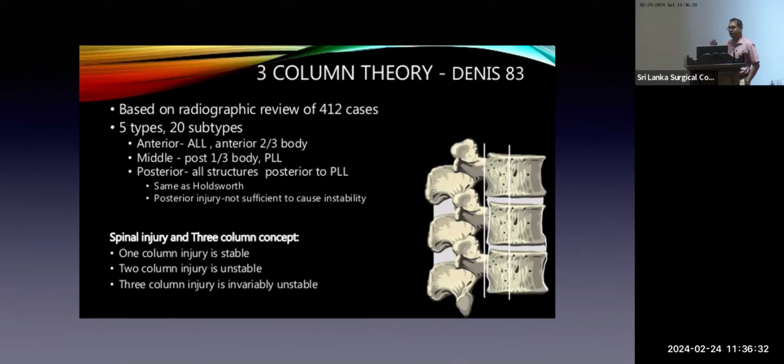C1 and C2, this cannot be applied because the anatomy is different. Charit did describe in detail regarding various classifications, right? Very complicated classifications from the AO section. So you don't have to memorize all those, but if you just have a concept of the three-column theory for C3 and downwards, you can make a decision on whether the patient needs to be intervened or not.